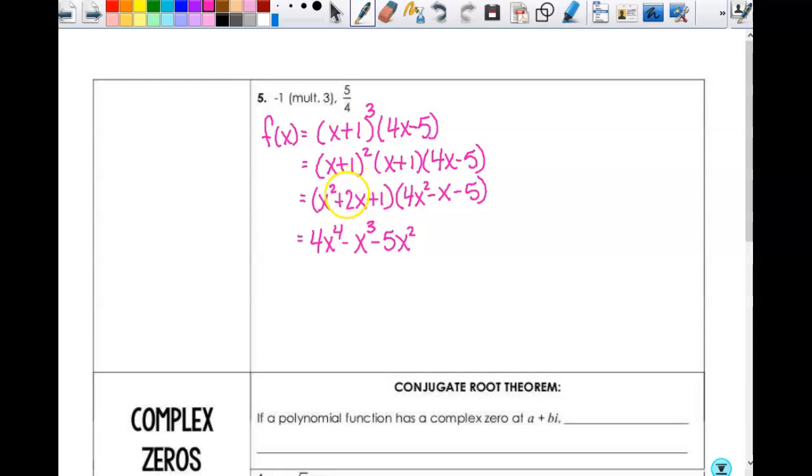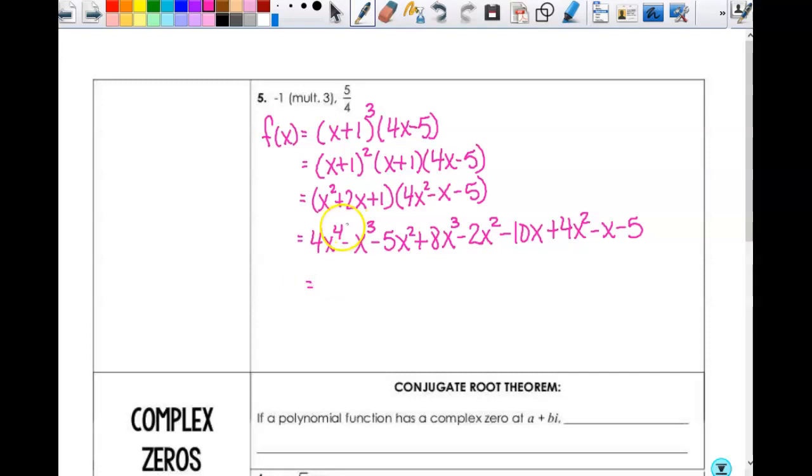Then I'm going to take the second term and multiply by each one of these. So that'll give me a positive 8x cubed minus 2x squared minus 10x. Then I take the 1 and multiply by each one of these, and I'm going to get negative 4x squared minus x minus 5. Now I have all of those terms, and I'm going to combine them all together.